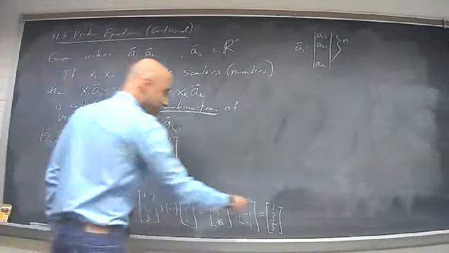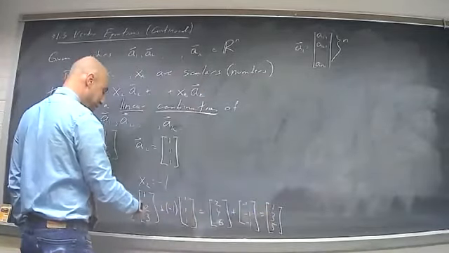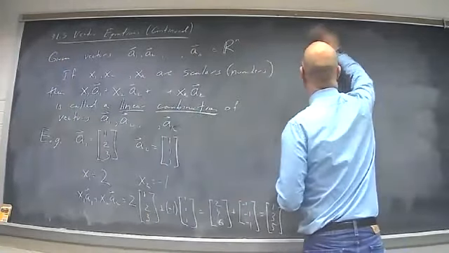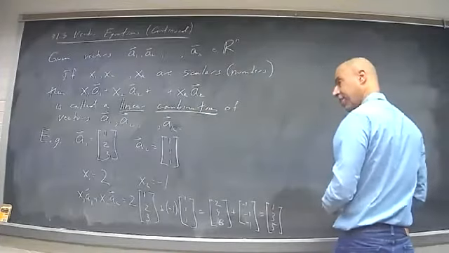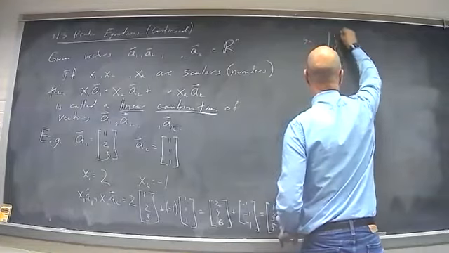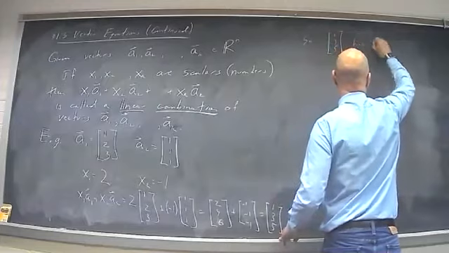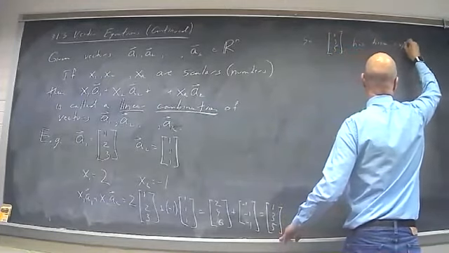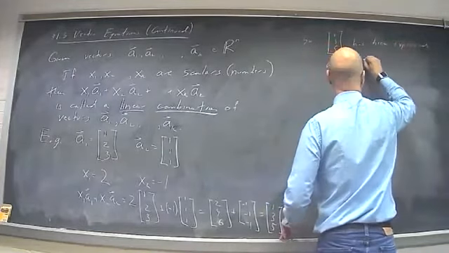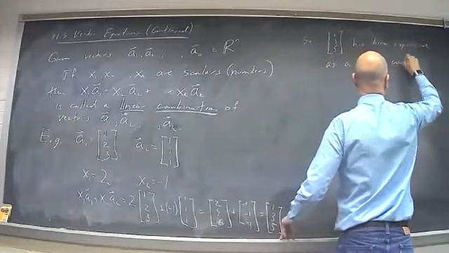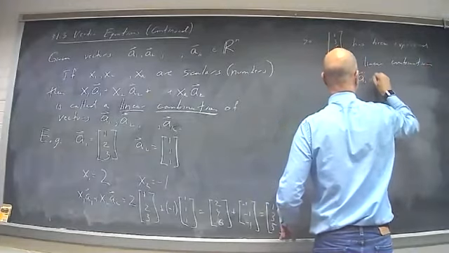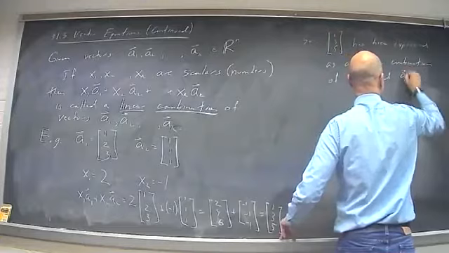And so the vector 1, 3, 5 is expressed as a linear combination of A1 and A2.